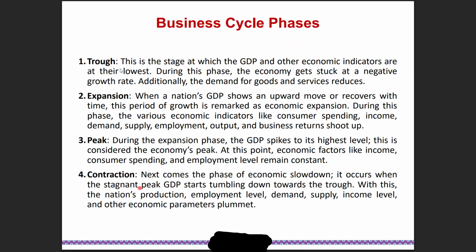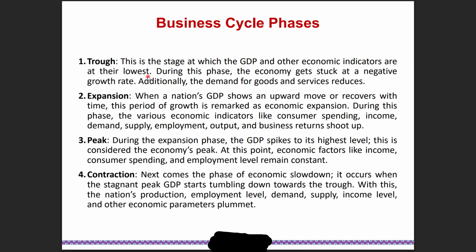They're saying here that this is a stage at which GDP, which is the total value of final goods and services produced within the borders of the country, and other economic indicators are at their lowest, right?